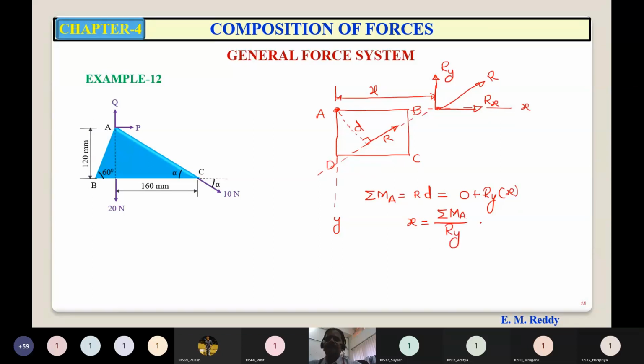Ry is the y component of resultant, the algebraic sum of the y components of all forces, summation Fy.